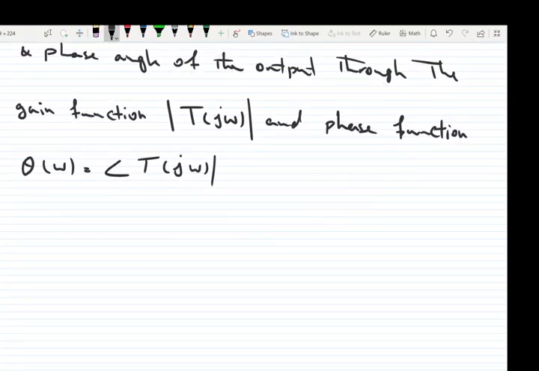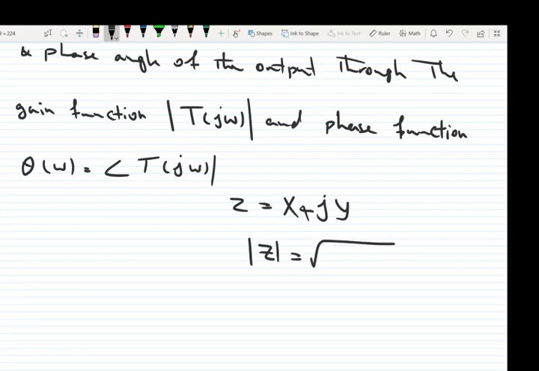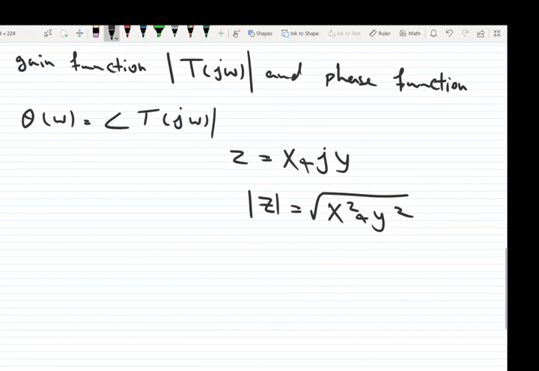Any complex number has an amplitude, which is the square root of the real part squared plus the imaginary part squared, and a phase, which is the arctangent of the imaginary part over the real part.